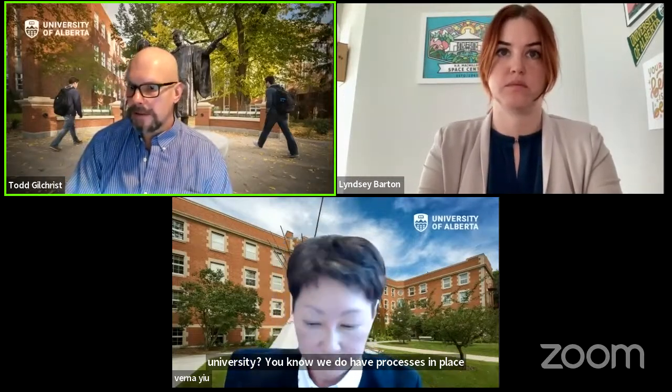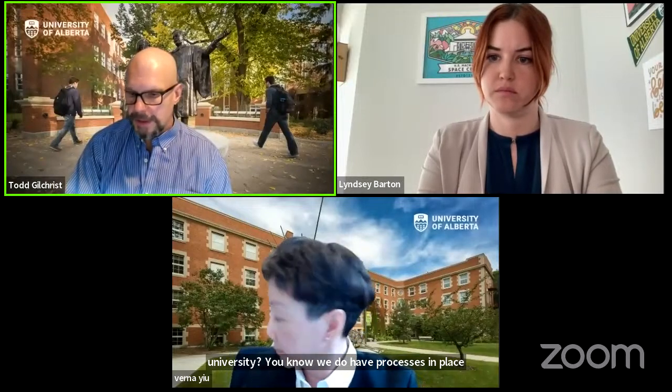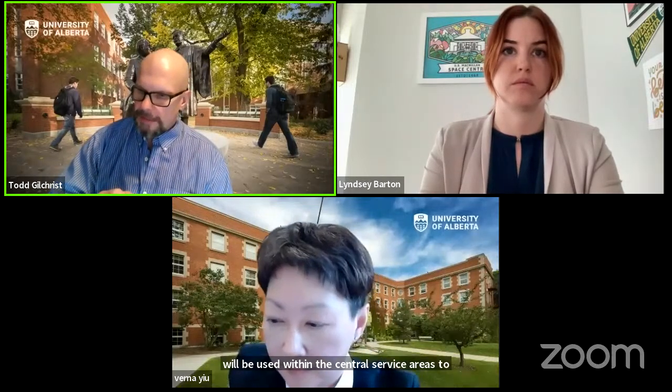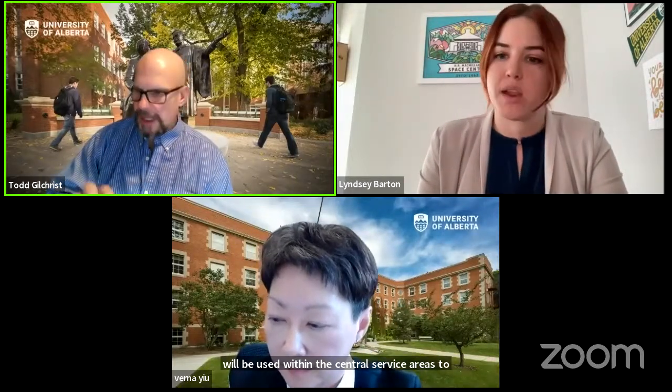We do have processes in place already at the faculty level, for example, and the new college deans, vice provosts will play a role here in planning for what that activity is going to be. I spoke earlier about the functional plans that will be used within the central service areas to determine what we're doing now, how that's working, what we need to do into the future.